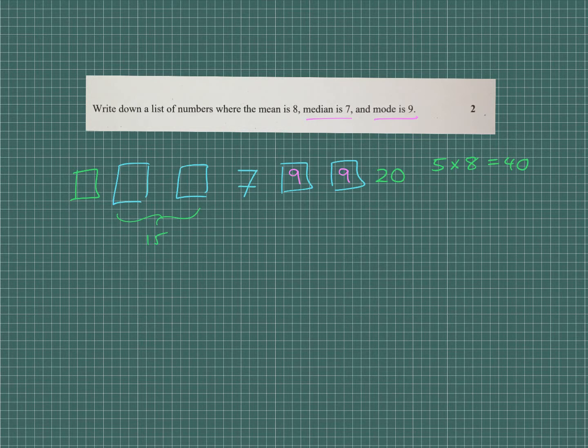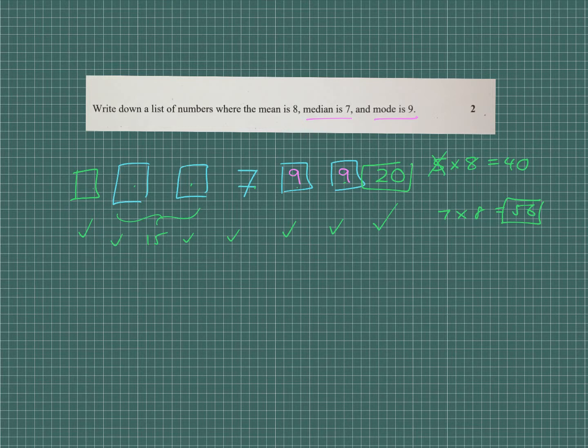So instead of having 5 numbers, I've now got 1, 2, 3, 4, 5, 6, 7 numbers, sorry. So I've got my 7 numbers there. 7 times 8 equals 56, so my new total has to be 56. This time I'm going to take away the newly added 20 from 56.